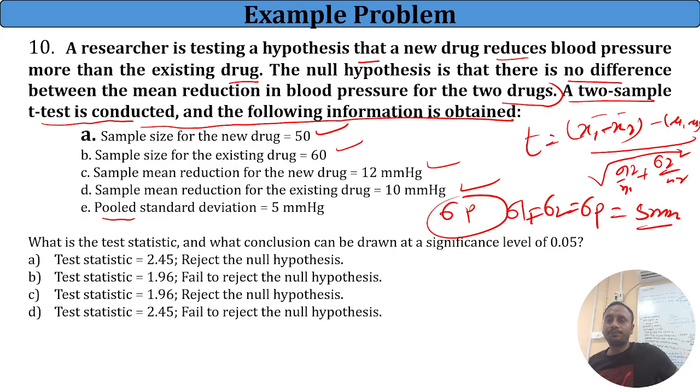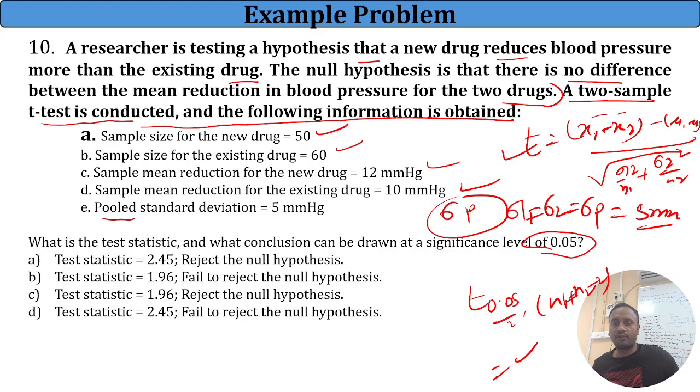We know the formula. This is the formula. And from the table, we can find out the value of t of 0.05 by 2, like alpha by 2, and n1 plus n2 minus 2, we can calculate the value. Just tell me what will be the answer.